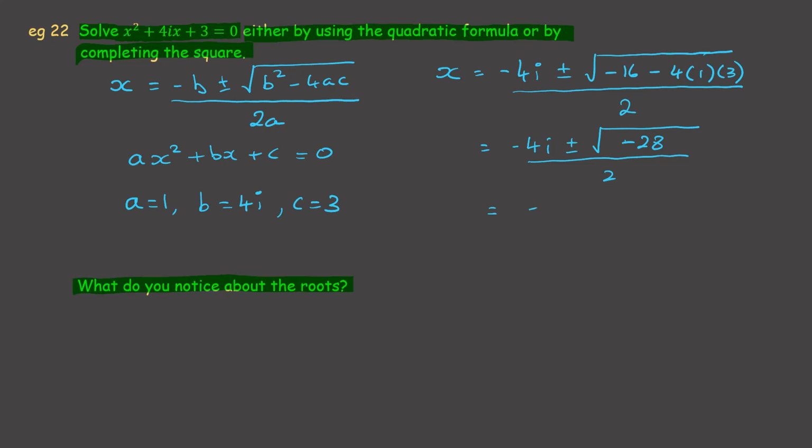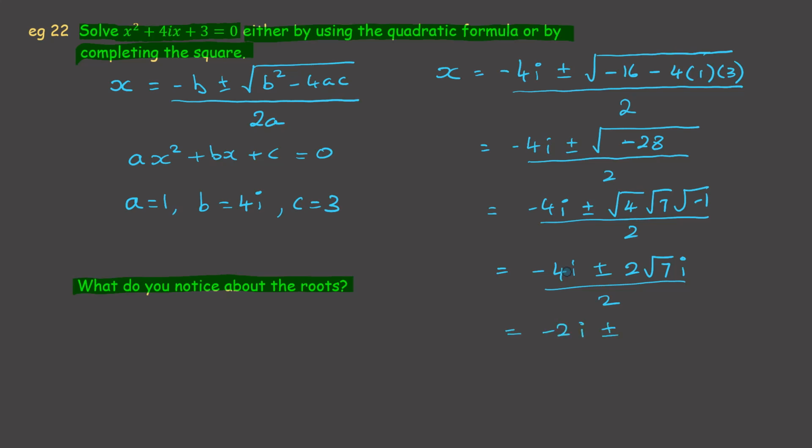So that's negative 4i plus or minus the square root of 4, square root of 7, square root of negative 1, all over 2, which is negative 4i plus or minus 2 root 7i over 2, which is negative 2i plus or minus root 7i.